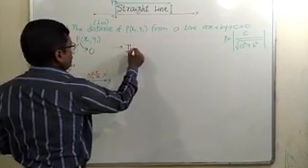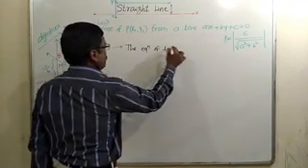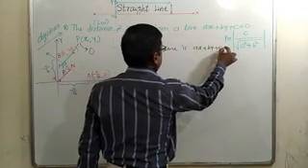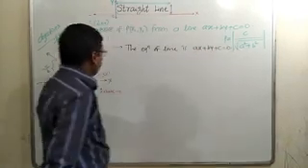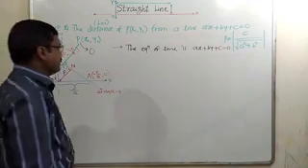For that, the equation of line is ax plus by plus c equal to 0. We are taking the same line in general form, that is ax plus by plus c.